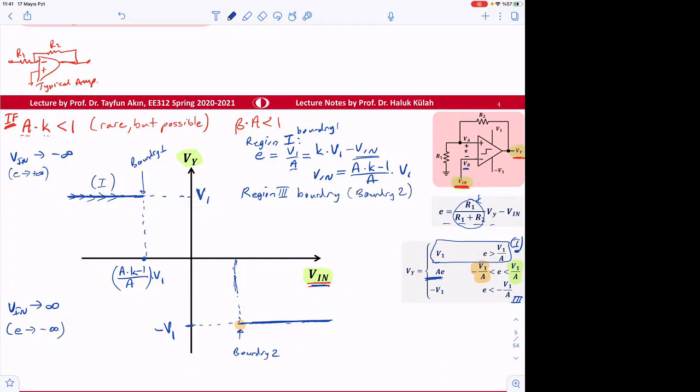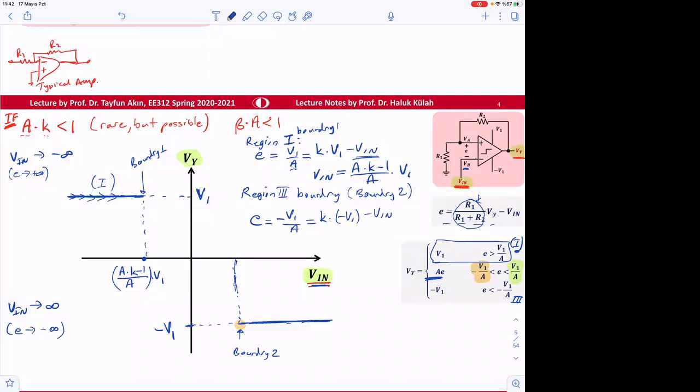It is the point where E is equal to minus V1 divided by A. So again, we do that, this is K times, this time minus V1, because that's the value of Vy, and minus Vin.